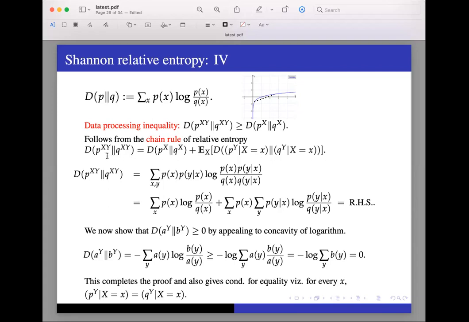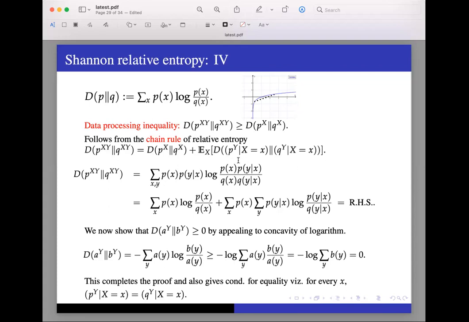On the left-hand side, I have the relative entropy between the joint distributions on XY, P and Q. A chain rule is something which breaks the entropic quantities on joint distribution into sums of entropic quantities on the marginals. So the entropy on the joint distribution is the entropy on the marginal on X plus some quantity. So what is this quantity?